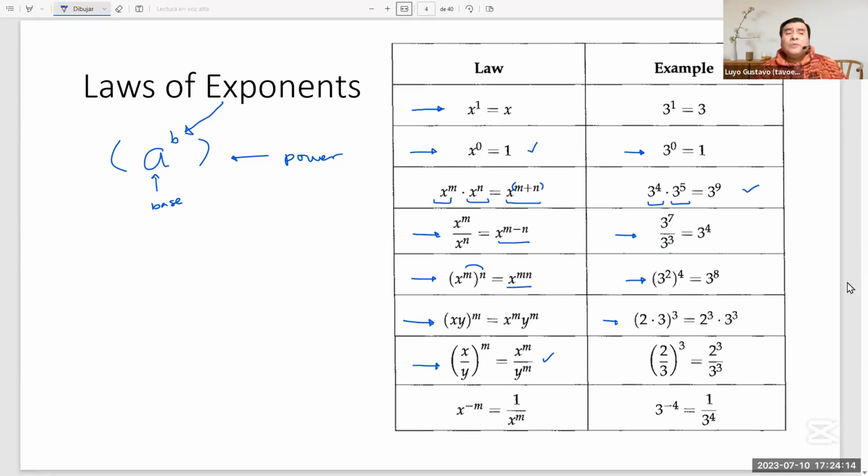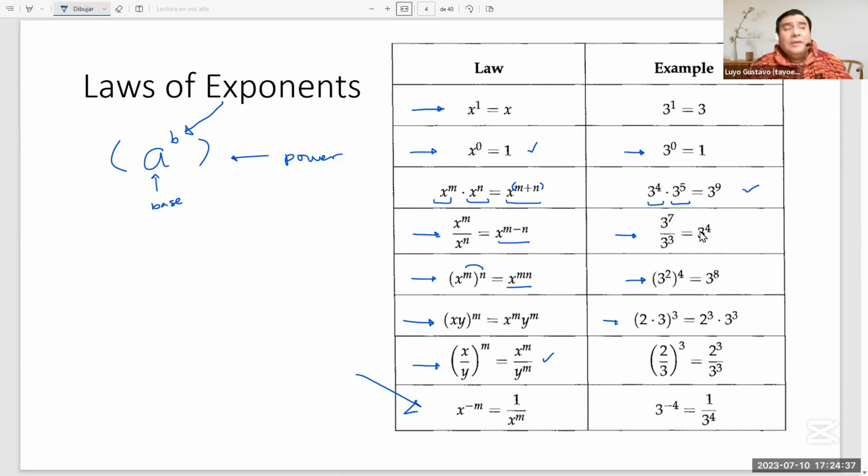Now, this is a really interesting part. How do we interpret negative exponents? Negative exponents can be interpreted like this. If you have a number raised to a negative exponent, that can be interpreted as the power with a positive exponent of the inverse or the reciprocal of the expression.